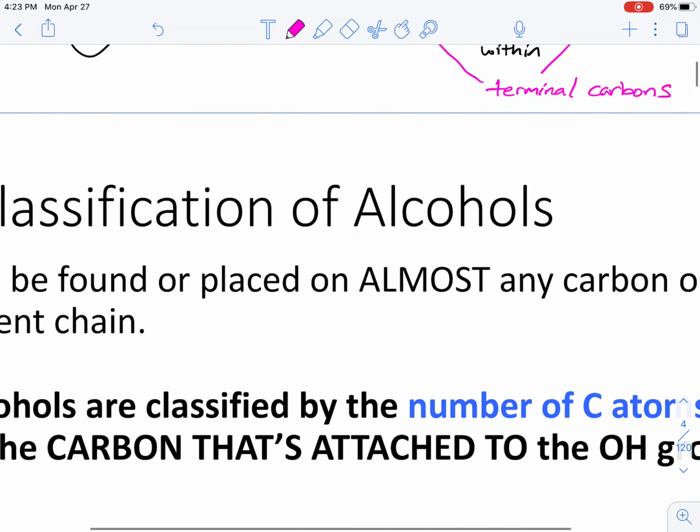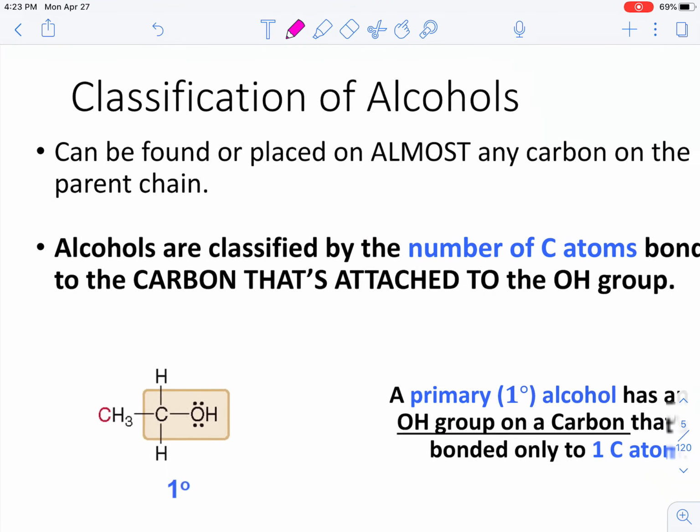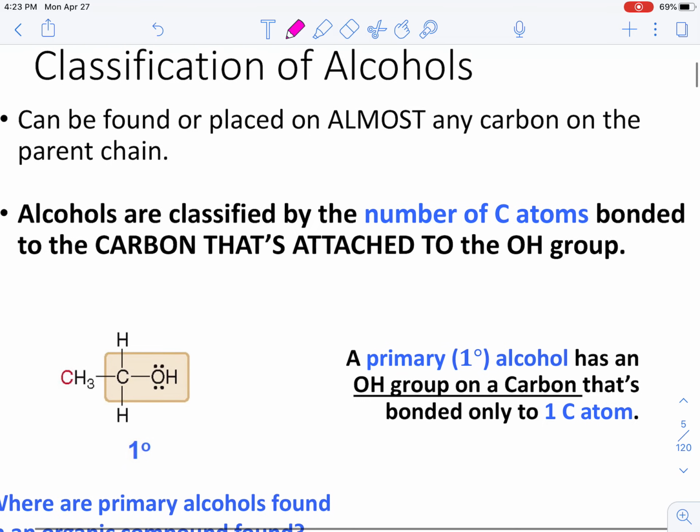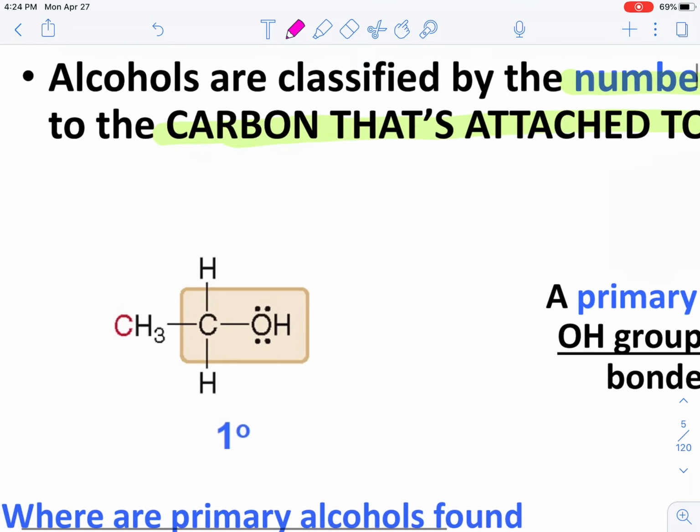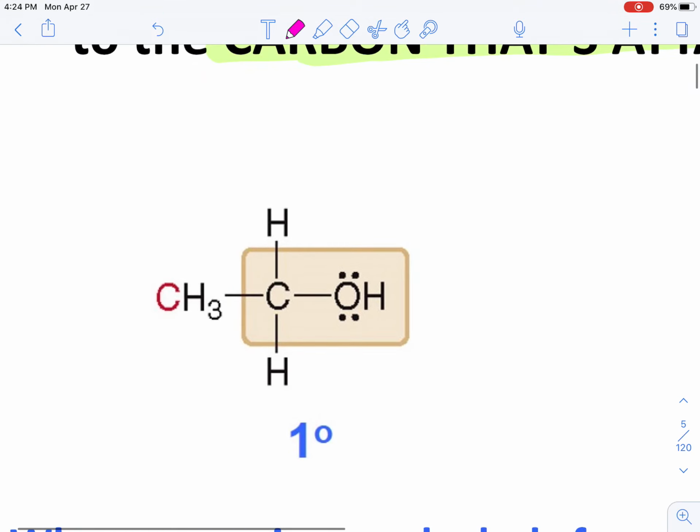And so one of the things that we can do with alcohols is classify them based on what carbon they're attached to. And so alcohols can be classified by the number of carbons bonded to the carbon that it is attached to. And so what do I mean by that? So let's just go ahead and look at this image right here. So notice that this alcohol, this hydroxyl group, is covalently bonded or attached to this carbon.